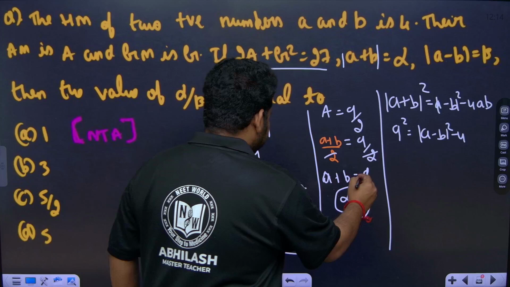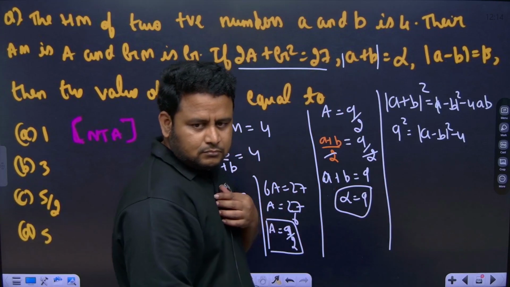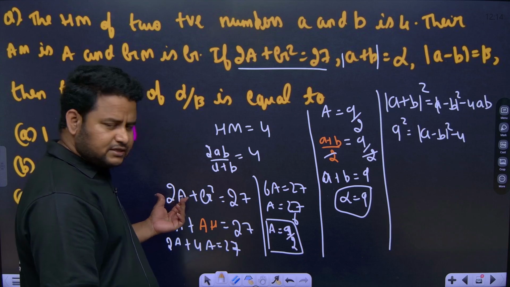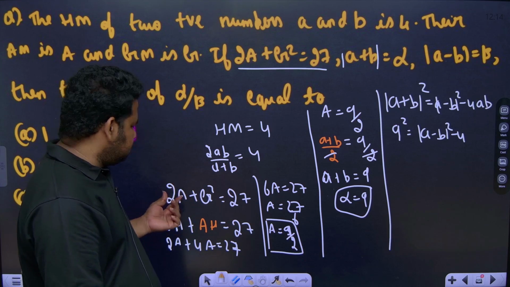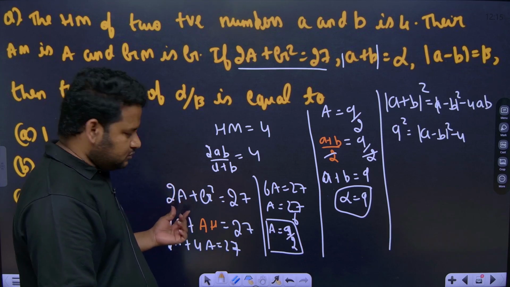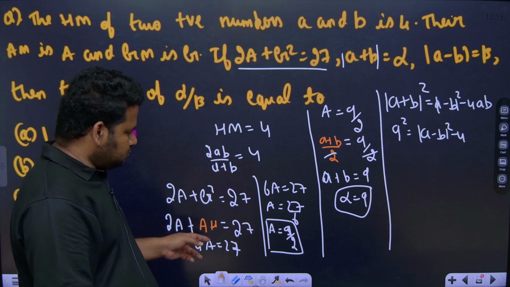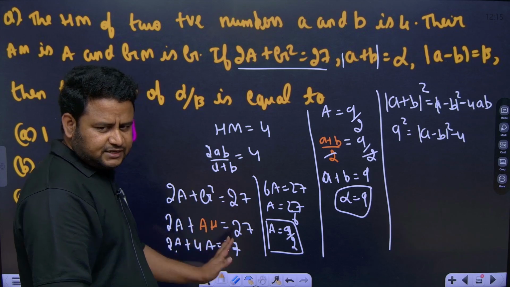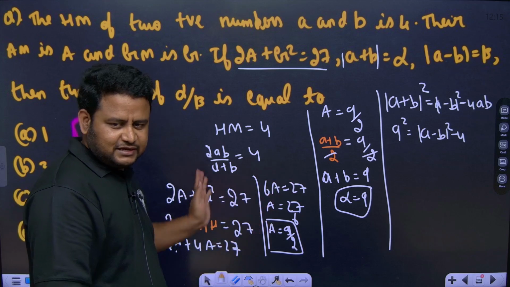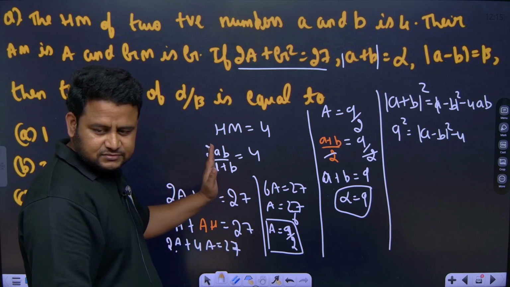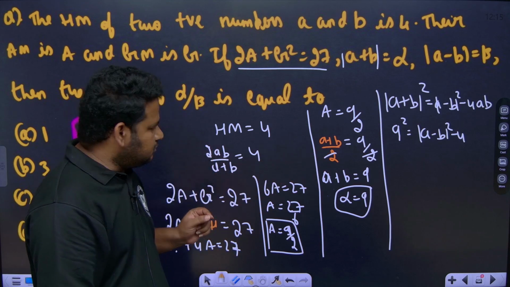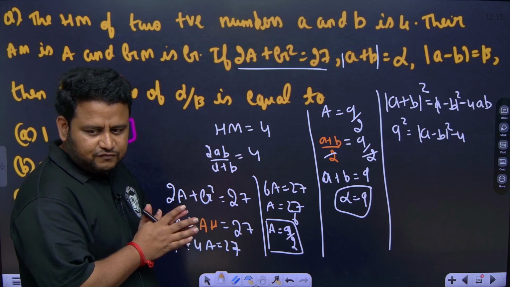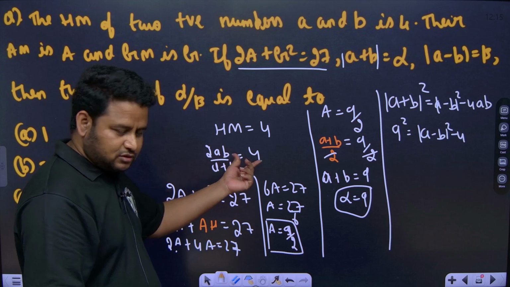We found the value of A and substituted it. G square is equal to AH, that is what we did. Again, if we do that we will get the same answer. Now we will take this because we want AB. 2AB by A plus B is equal to 4.